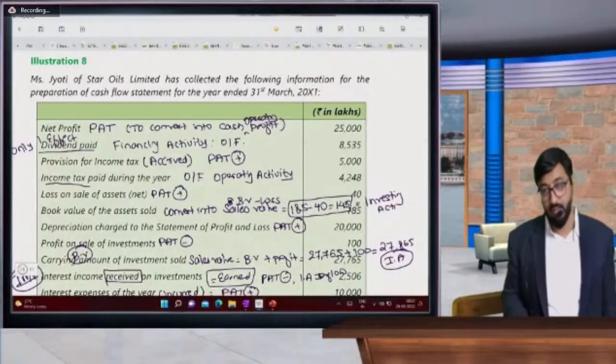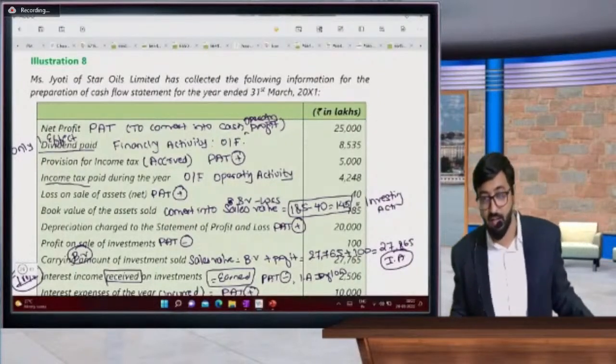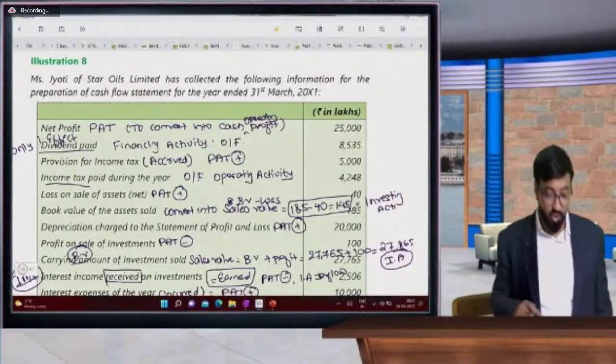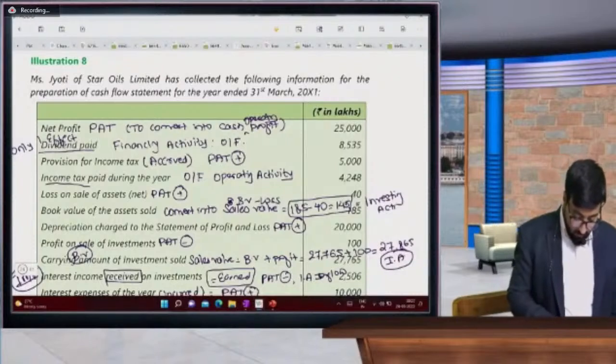So indirect method. This is the examiner's favorite question. And in this question, yes, you have to apply the logic behind it. Illustration number 8. Yes, till now if you have any question, you can ask me.